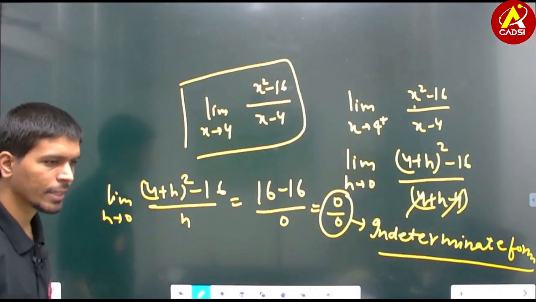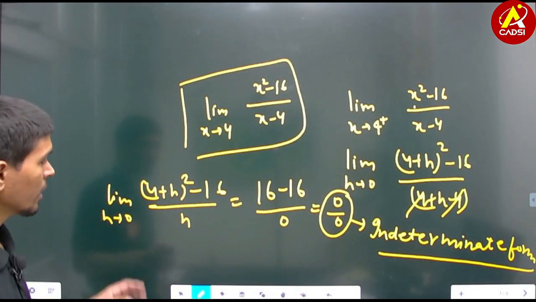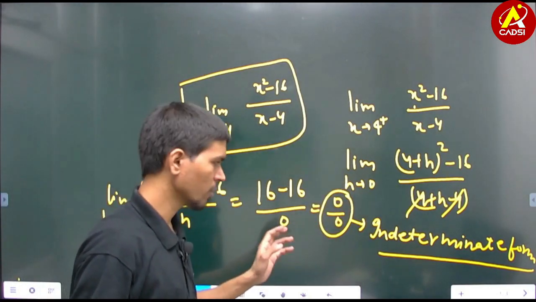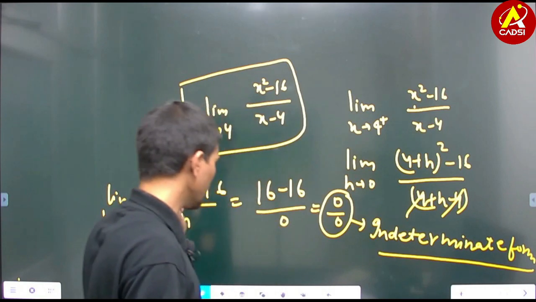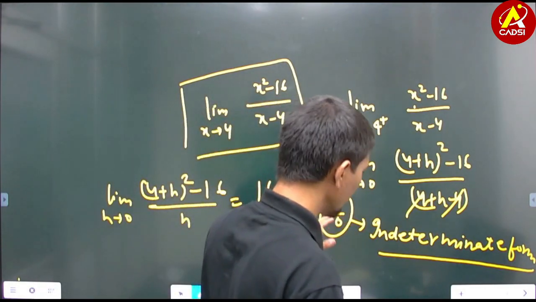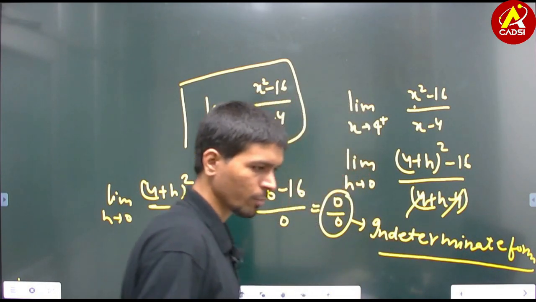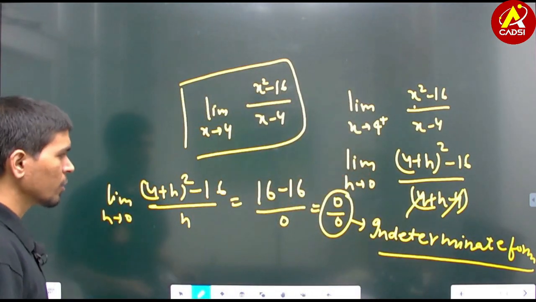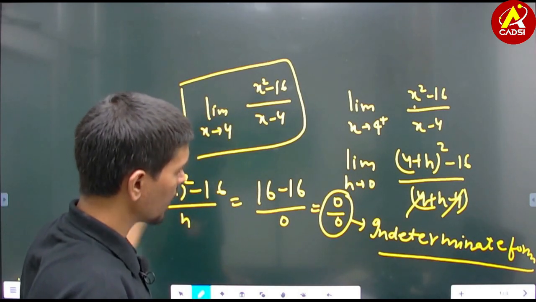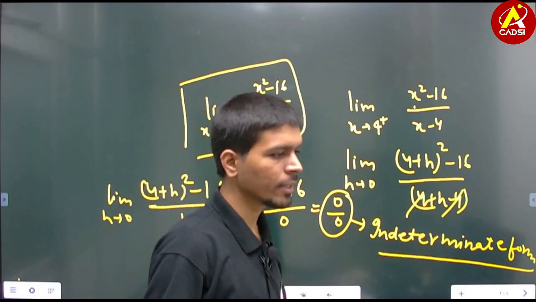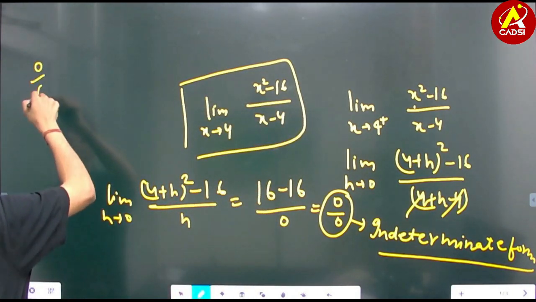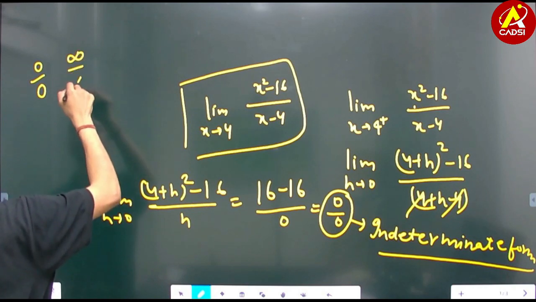If any question has this form, then it can be solved using the method for indeterminate forms. These forms are 0 upon 0 and infinity upon infinity.